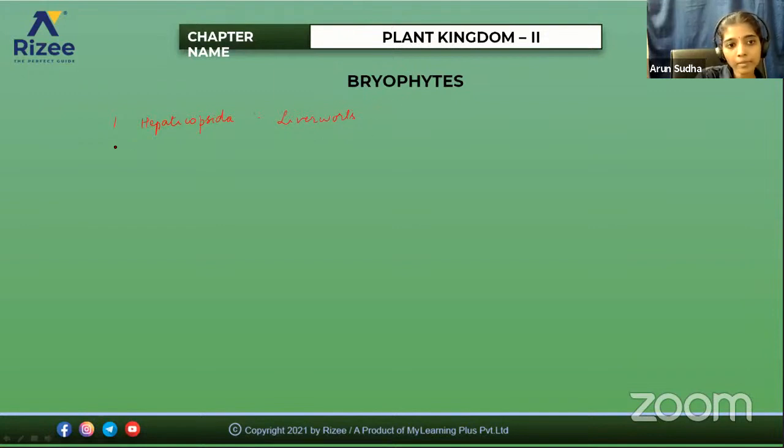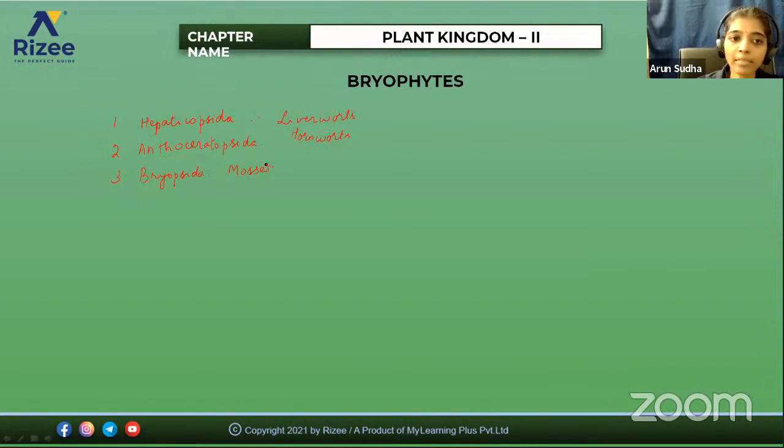Then Anthoceratopsida, which includes hornworts. Then Bryopsida, which includes mosses. So in what ways are they categorized into these three classes?